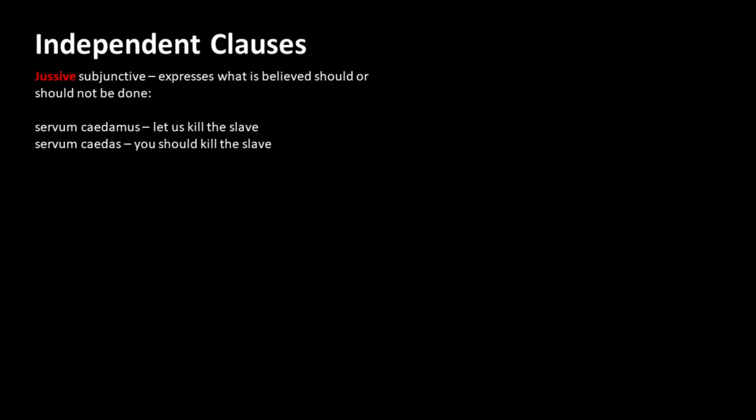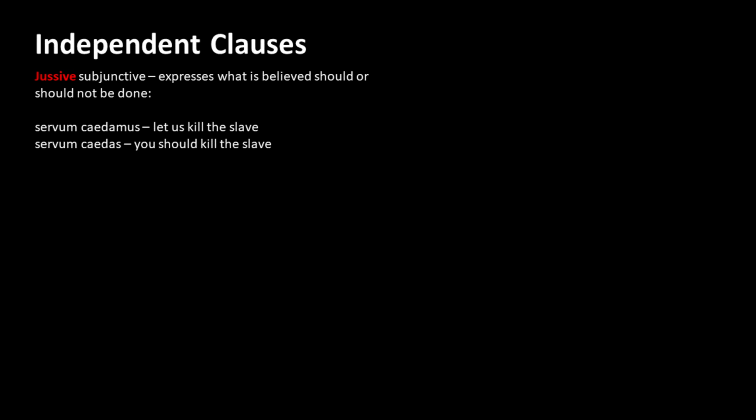Equally, servum caedas. Caedas, second person singular subjunctive. You could translate it as may you kill the slave, but here I think you should kill the slave. You're using the present subjunctive to express a polite command for the future, because although caedamus, let us kill, is formally in the present tense, since we are not at the moment killing the slave, which is perhaps the reason why I'm saying this.